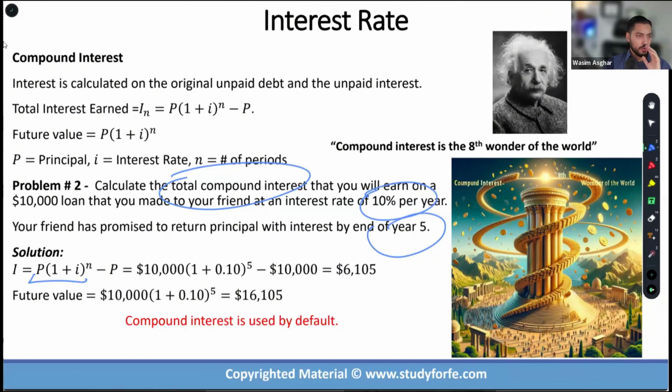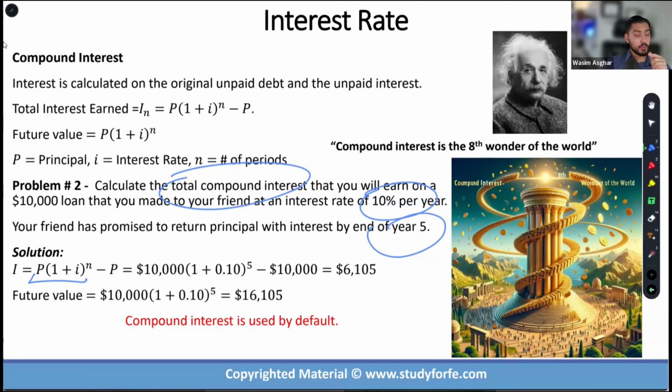So you go from $10,000 to $11,000 at the end of year one. Your next year's interest is not going to be calculated on the original loan amount. It will be calculated on $11,000, which makes it roughly 12,100.